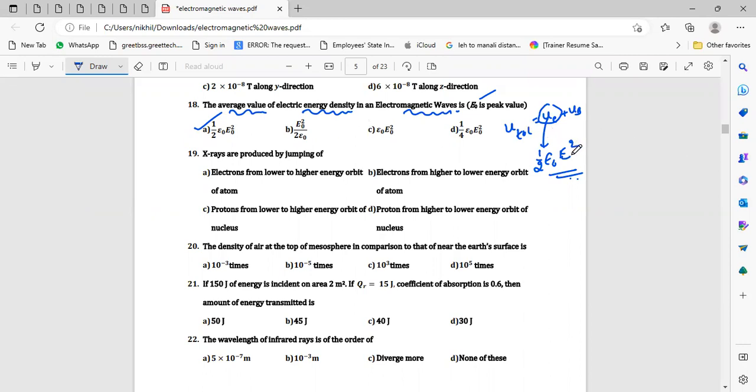If it is the peak value, you have to write it that way. Then what about the magnetic field? Half times B squared divided by mu naught.